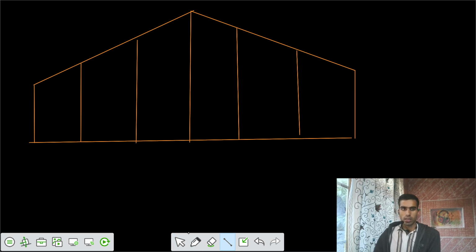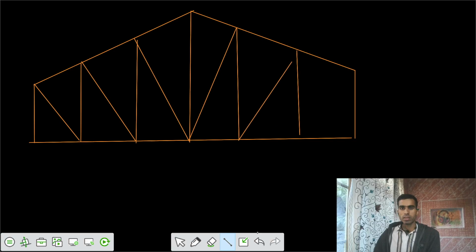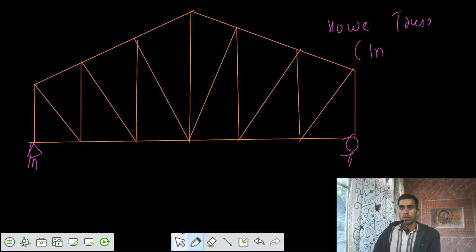Then they are in the form of N up to the midpoint. After that, reverse N, reverse it, then reverse it again. So finally this is your truss. We say this is the Howe truss with inclined top chord members.